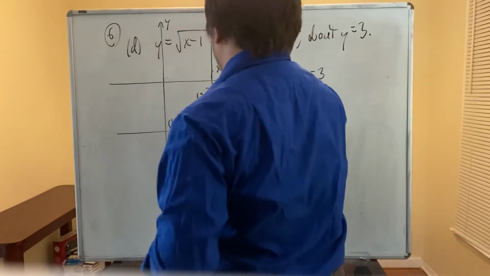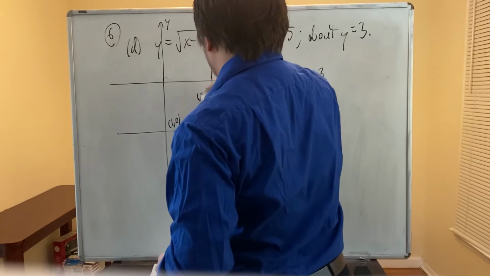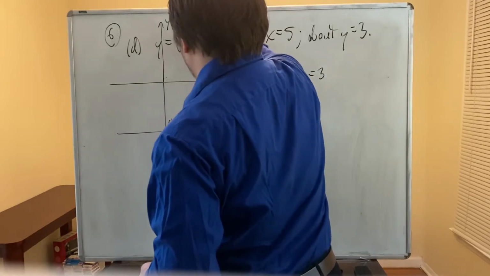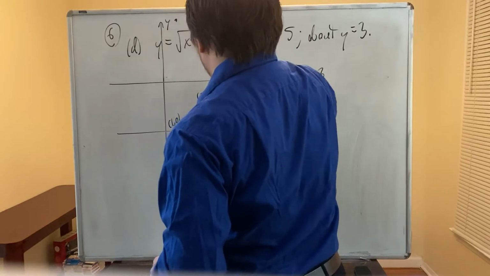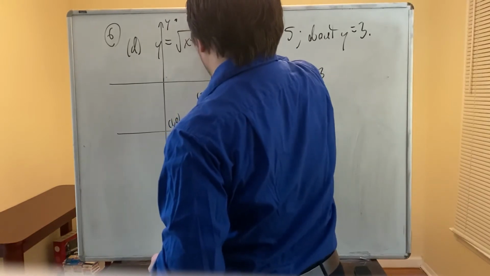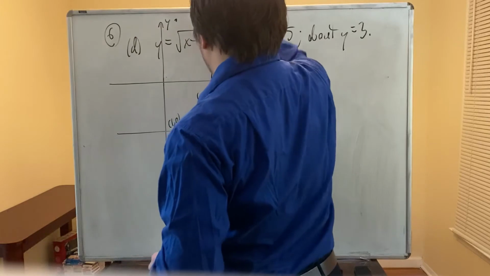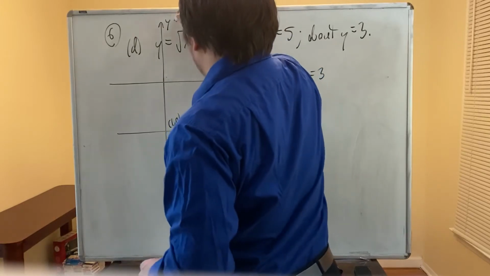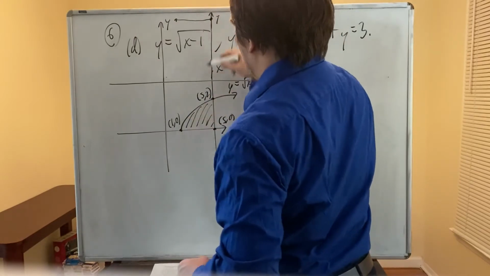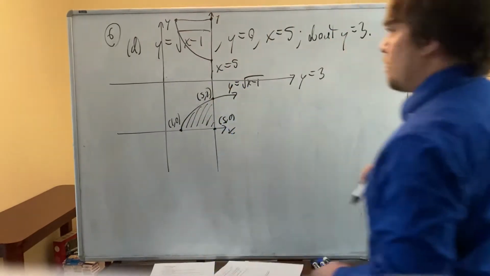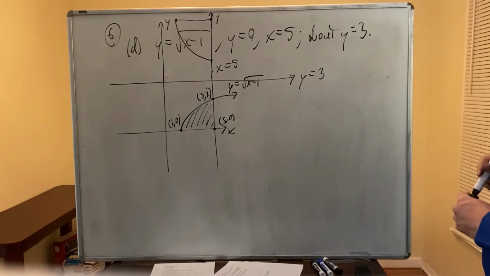I'm going to rotate this here, and rotate that there. This line connects here to here, this connects there to there. This is going to go like this. So that's the rotation of the shaded region.